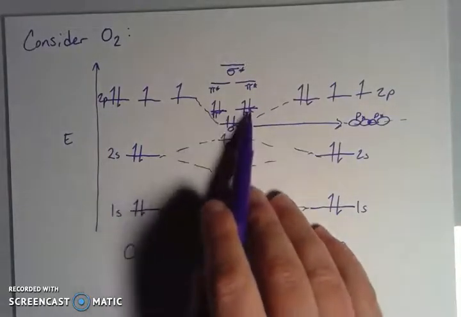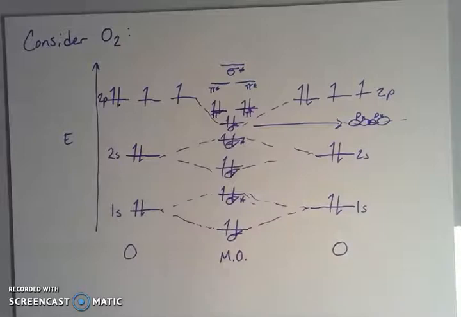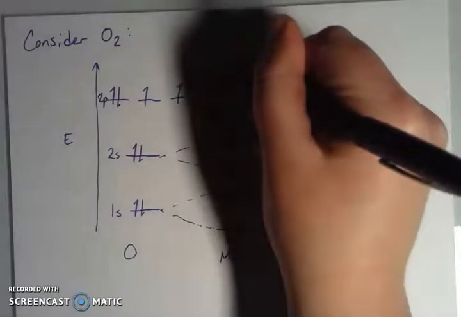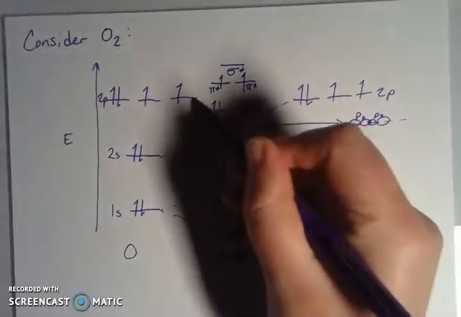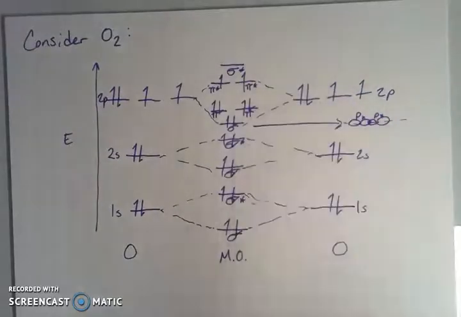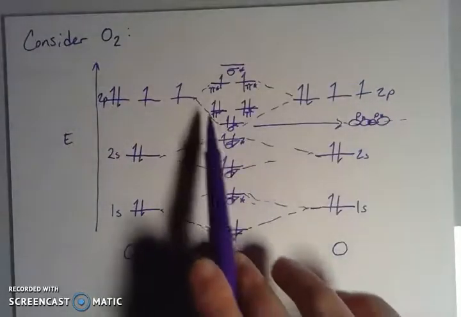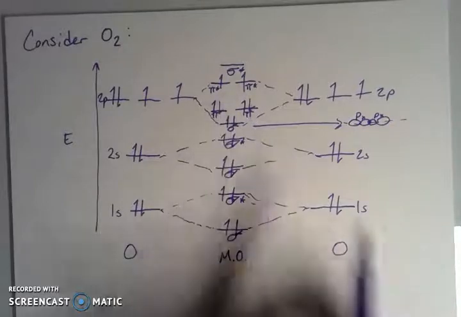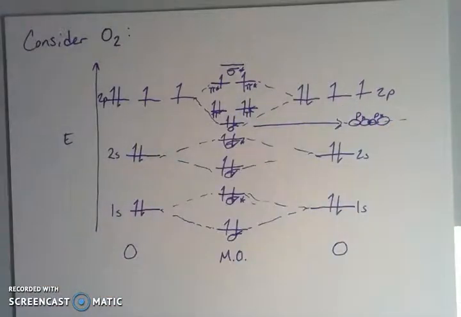So I have 2, 4, 6. I need 2 more, 1 and 1. So now I have 2, 4, 6, 8 that come from the 8 of these electrons here.